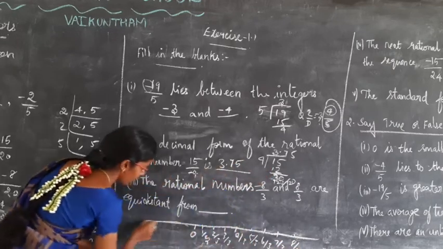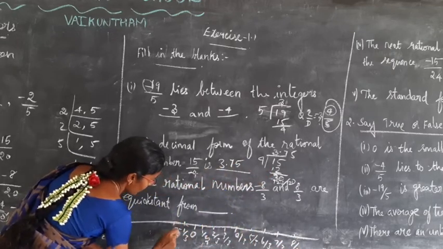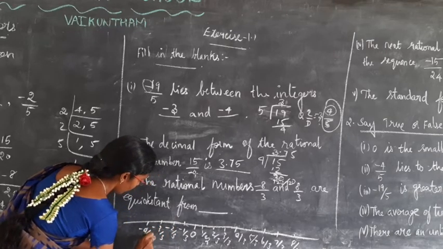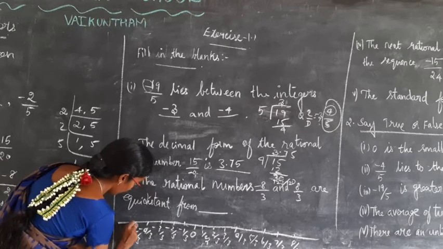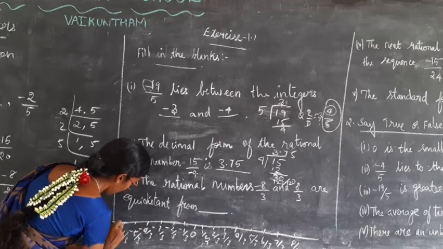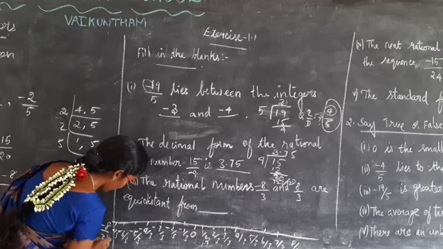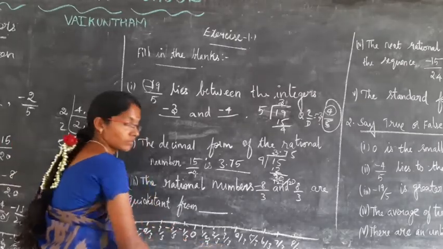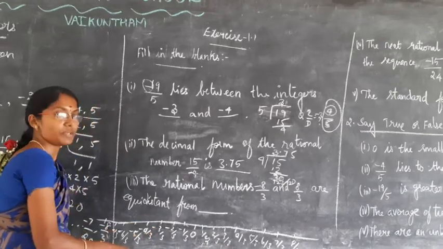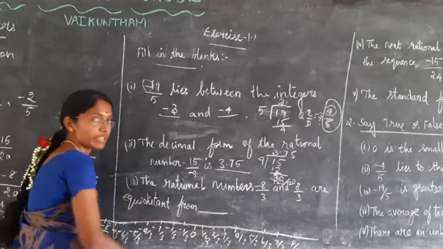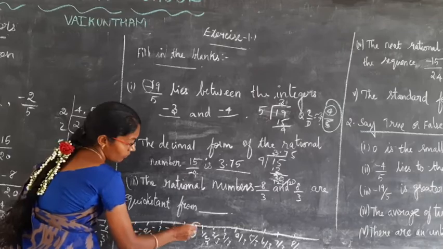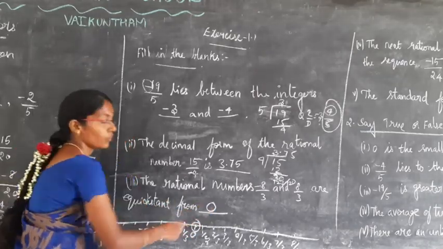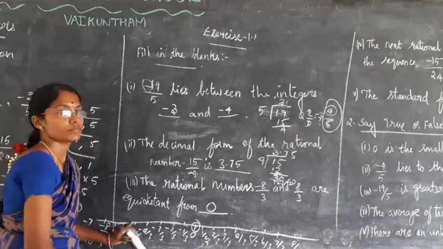This side minus 1 by 3, minus 2 by 3, up to minus 8 by 3. So from which number will it be equidistant from minus 8 by 3 to 8 by 3? 0. Okay, so equidistant from 0. Have you understood?